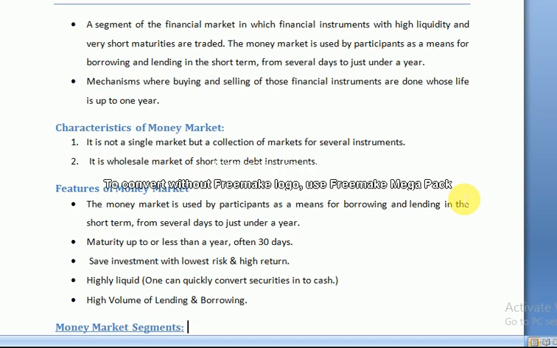The next feature is safe investment with lowest risk and high returns. Here, those securities are traded whose risk is minimum, and the returns are very high.